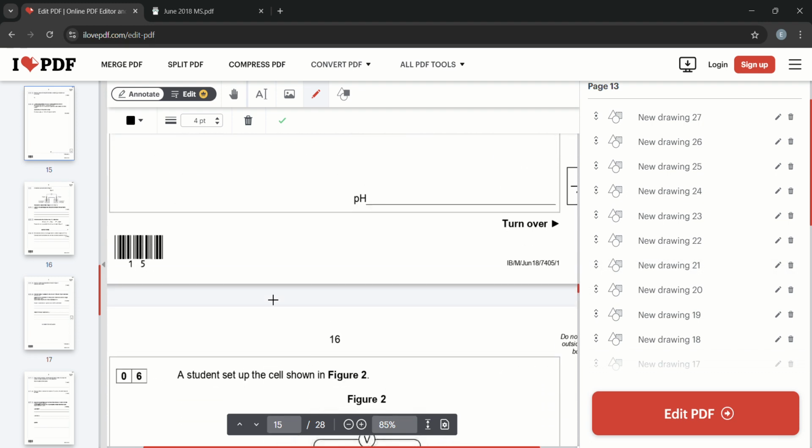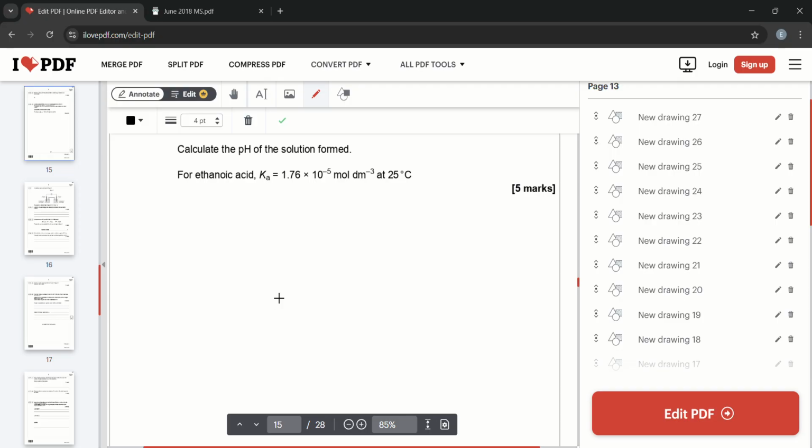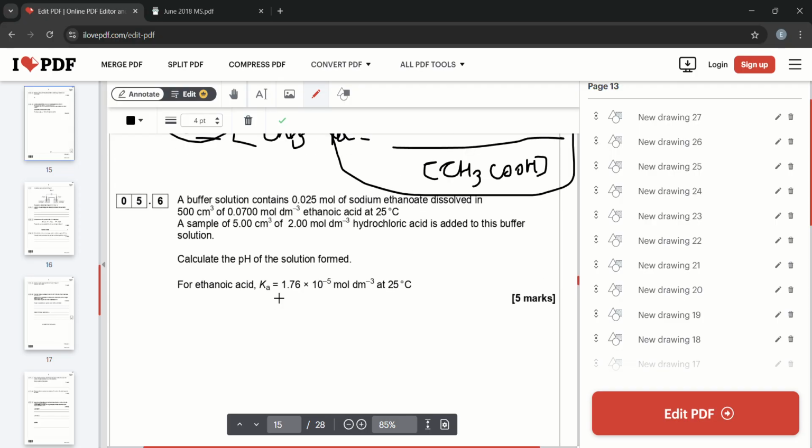And then 5.6, the final part of question 5. So first things first, we're going to find out the moles of ethanoic acid. Because it's the same process for all of these, find out the moles, especially when it's more than 5 marks.